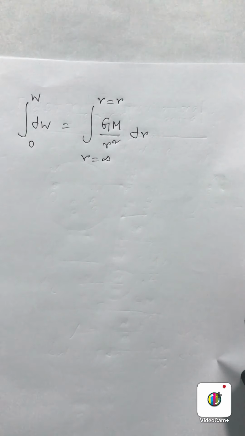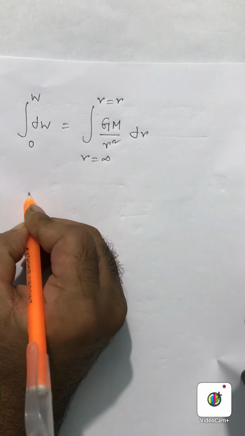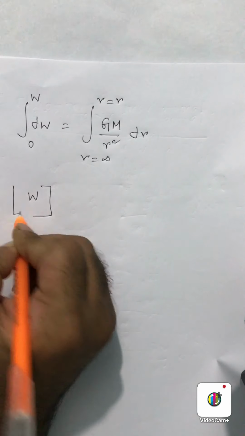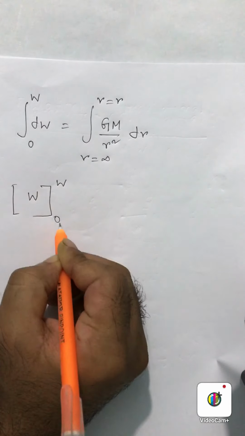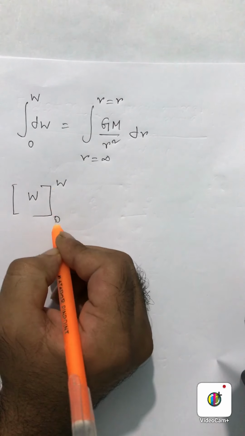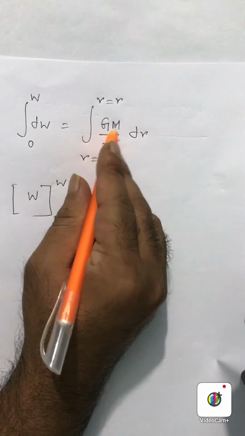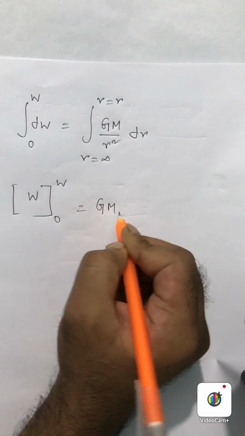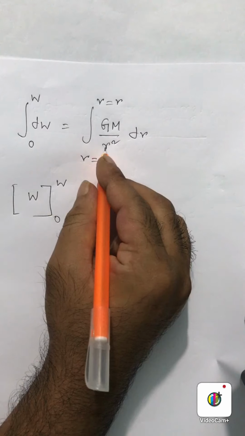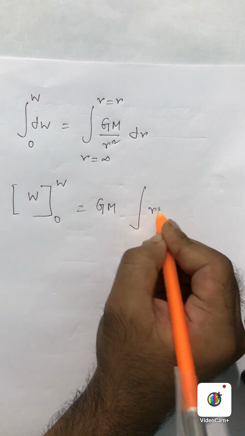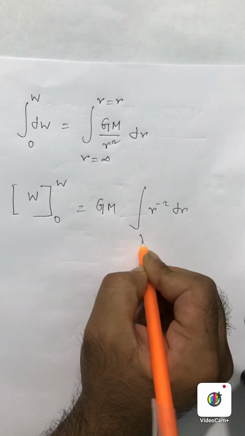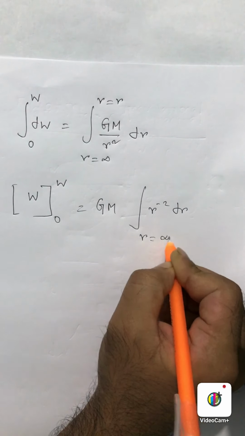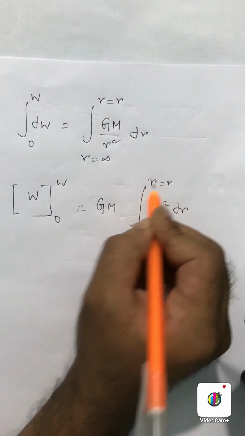Now integrating this equation from infinite distance to r. The integral of dW goes from 0 to W, and capital G and capital M are constants, so taking GM outside the integration, we have the integral of 1 by r squared, that means r to the power minus 2 dr, with limits from r equals infinity to r equals r.